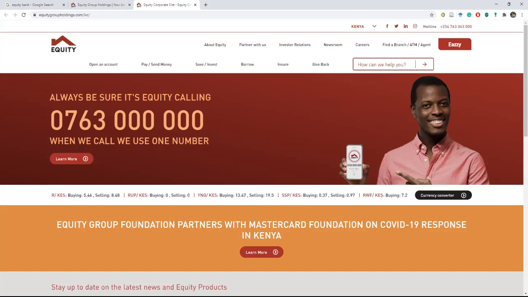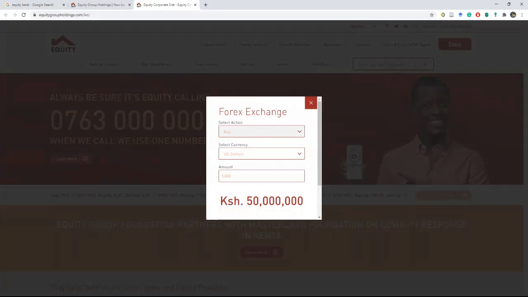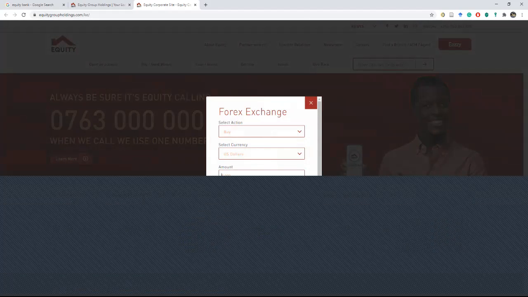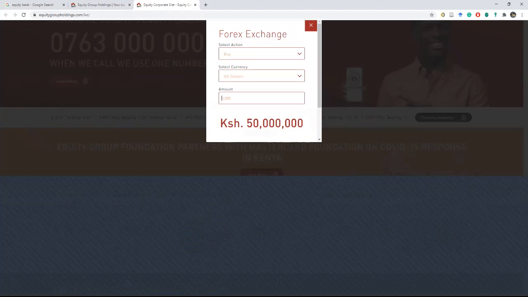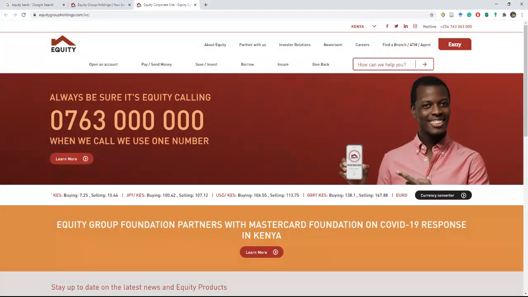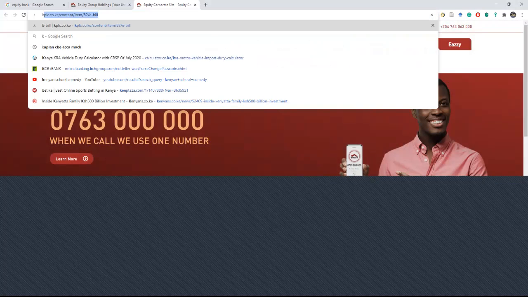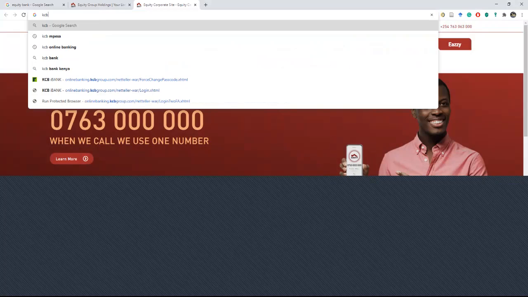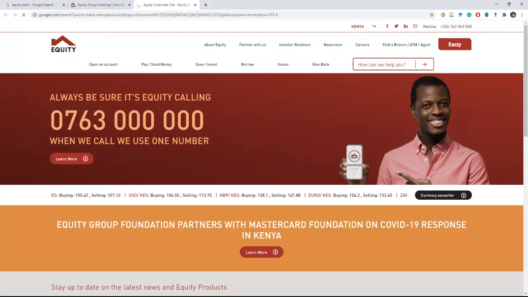I seem not to get the Uganda shilling. What's happening here? It's not among these ones. Quite surprised. I'm not sure if other banks do so. KCB, KCB Kenya.